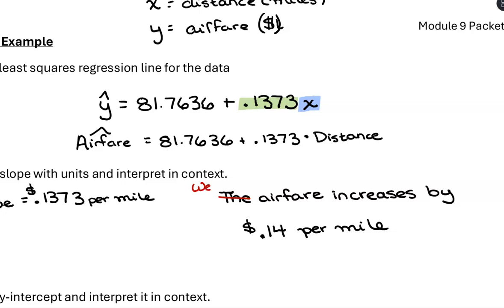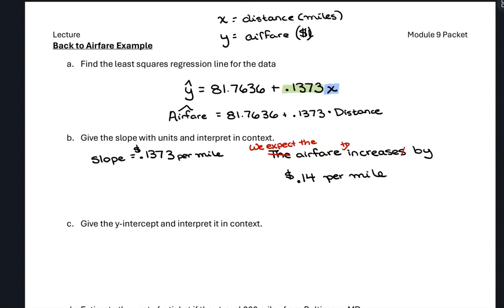What we could say is we expect the airfare to increase by 14 cents per mile. Setting it as this is what we expect the data to do, it's not definitely going to happen. So we expect the airfare to increase by 14 cents per mile. All right, so there's our interpretation of slope.